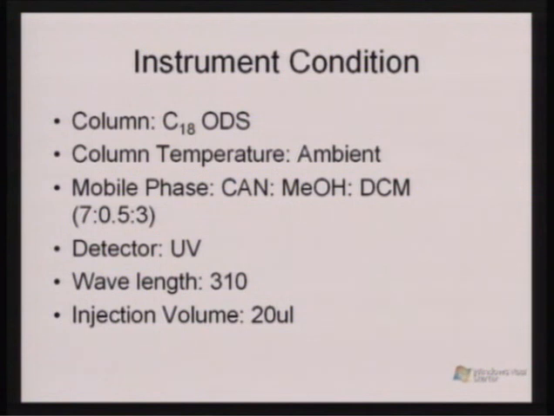Then inject one set of standard and then one set of blank using the mobile phase, so that any trace of the standard injected prior to the blank comes into the blank, and then inject the sample using the same instrument conditions. After getting the peaks and peak areas of the sample as well as the standard, calculate the vitamin A content of the particular food product.